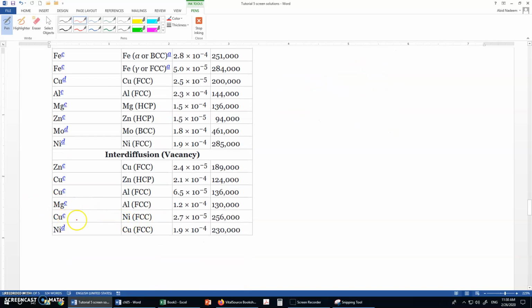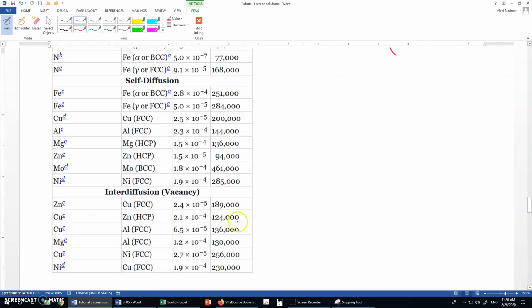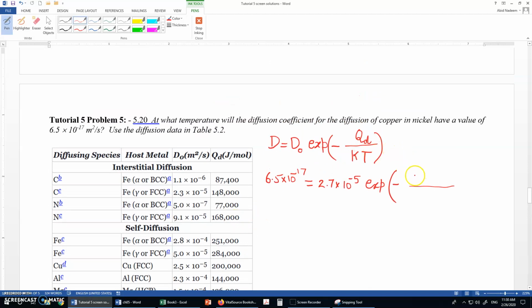We can also see from here 256,000 joules. So 256,000 joules divided by the gas constant, which is 8.31, and the temperature, which is the one we need to find out.